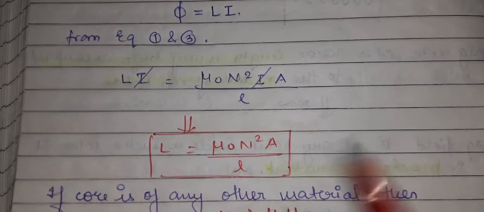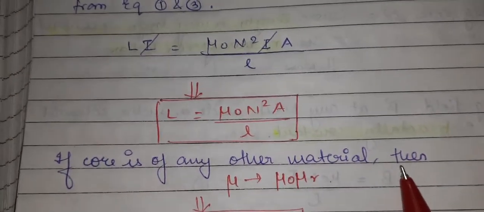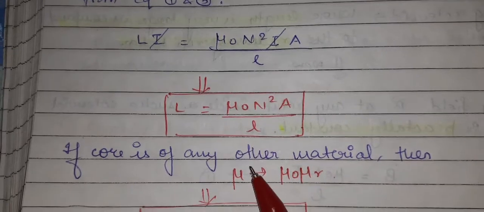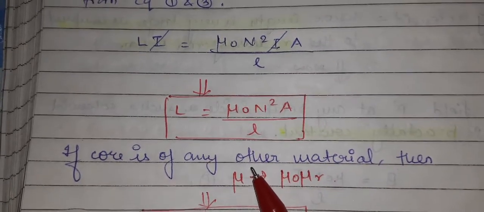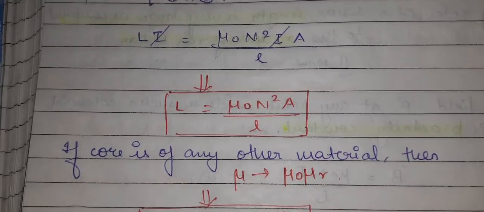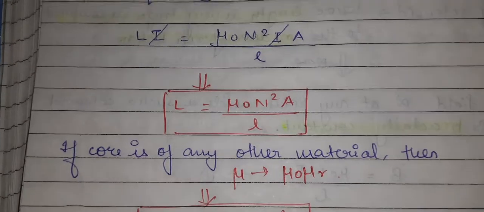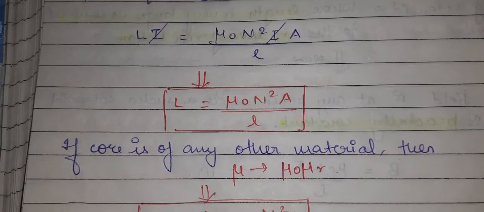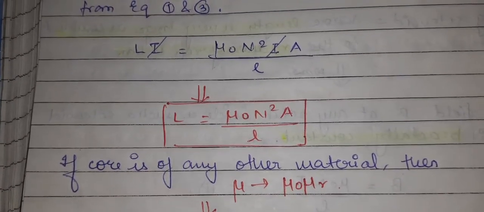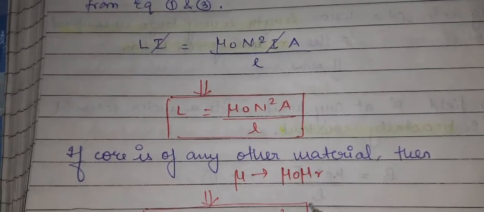This is the formula whenever we are talking about free space, the permeability of free space. But suppose the core is made up of some other material, that means inside the core the air is not there, but we have inserted some other material in it. What will happen is that our mu naught in that case will change into mu naught into mu r.